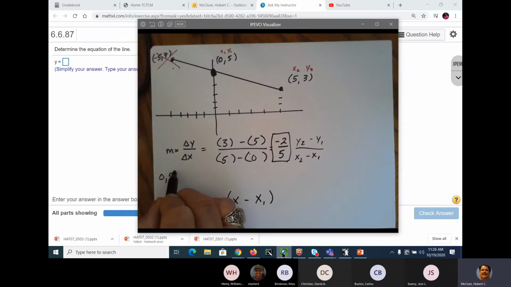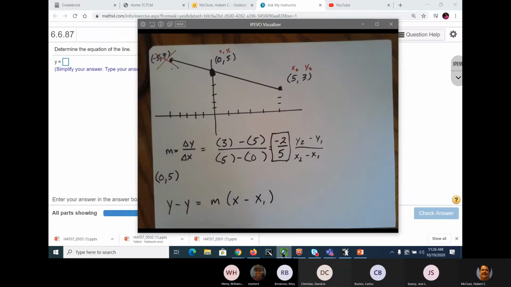Now, why did I pick 0, 5? Why do you always pick anything with 0 or 1 in it? Because it makes it easier. Exactly. Keep it simple.